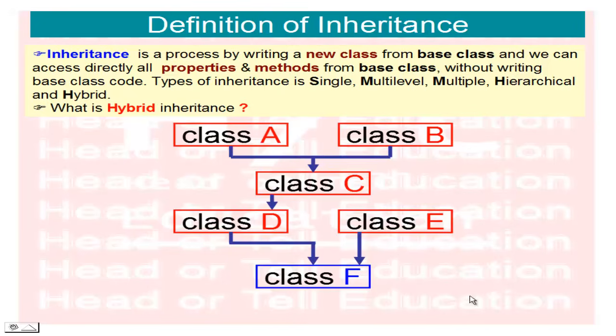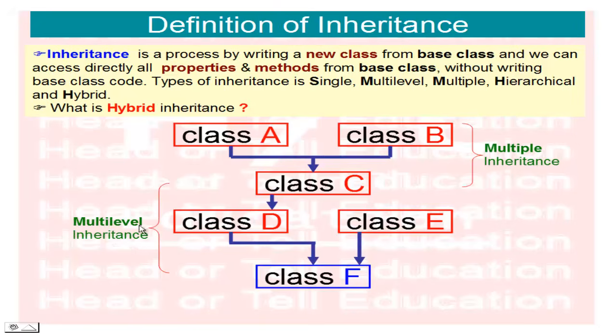This type of inheritance is called hybrid inheritance because at the first, top level, I am using multiple inheritance. In the second level I am using multi-level inheritance, and in the third, bottom level I am using single inheritance.